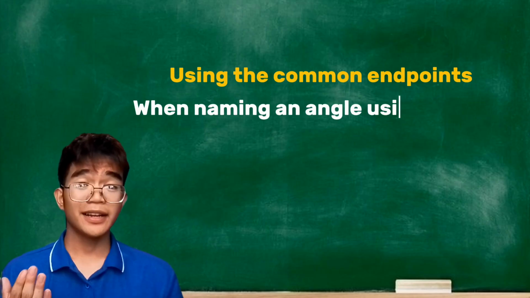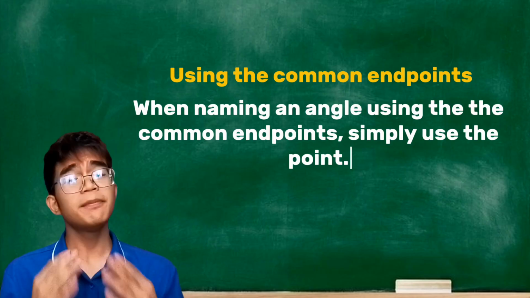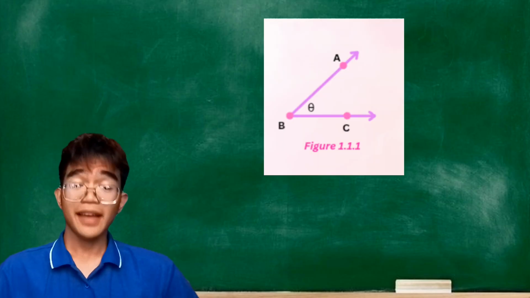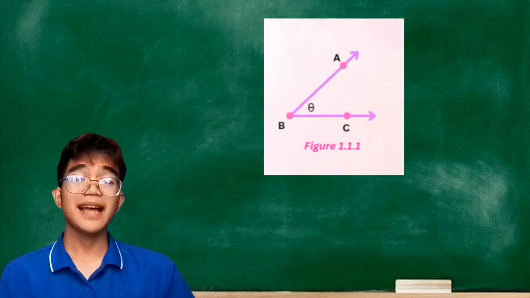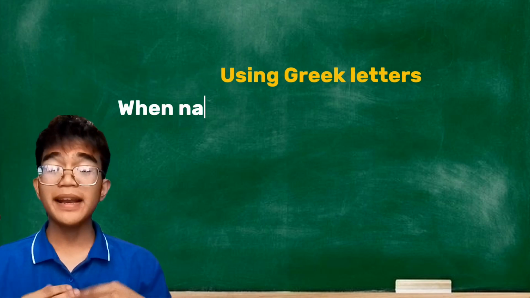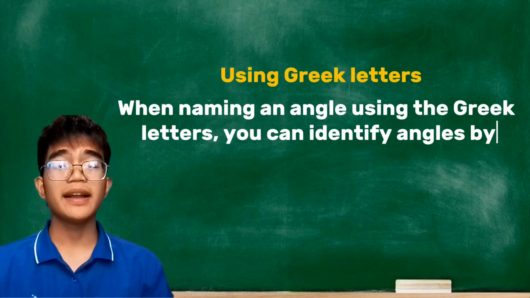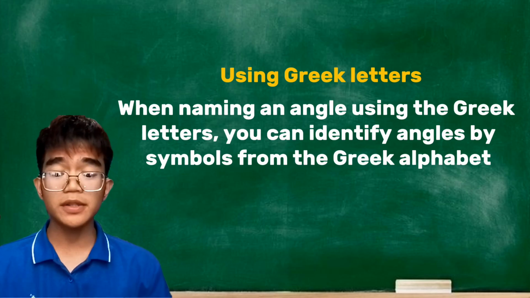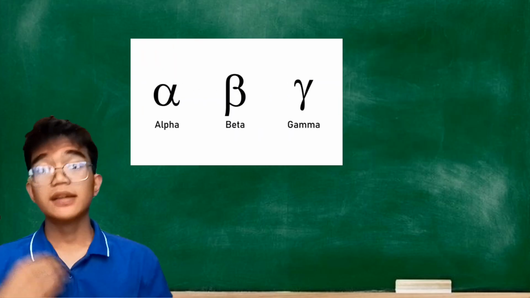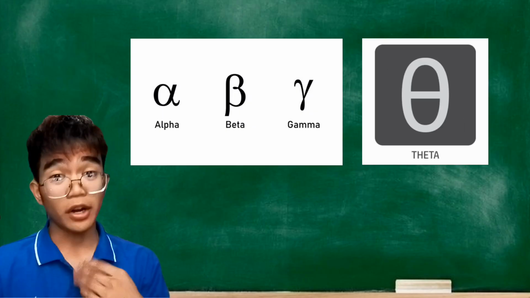When naming an angle using the common endpoint, simply use the point. In figure 111, the angle can be named as angle B. Number 3, using Greek letters. When naming an angle using Greek letters, you can identify angles by symbols from the Greek alphabet, such as alpha, beta, gamma, theta, and others.